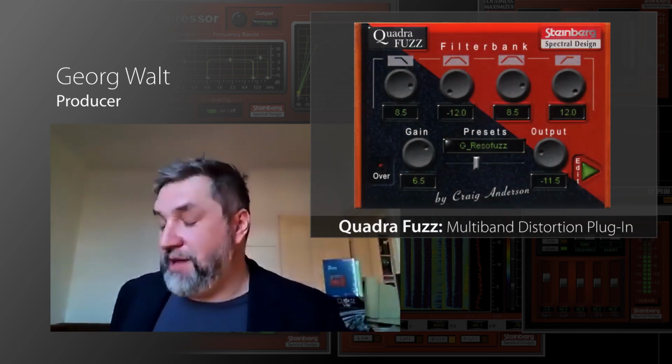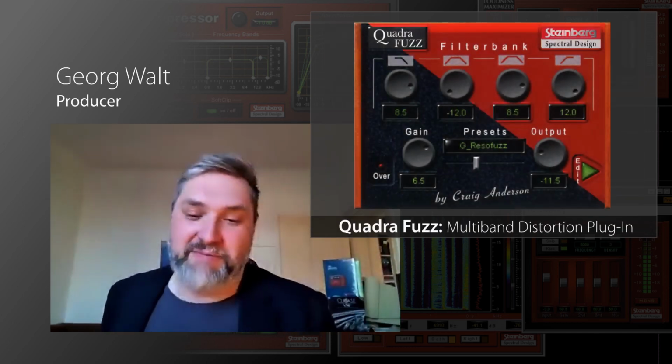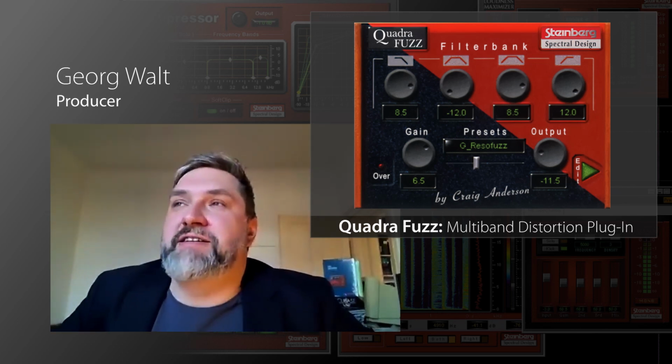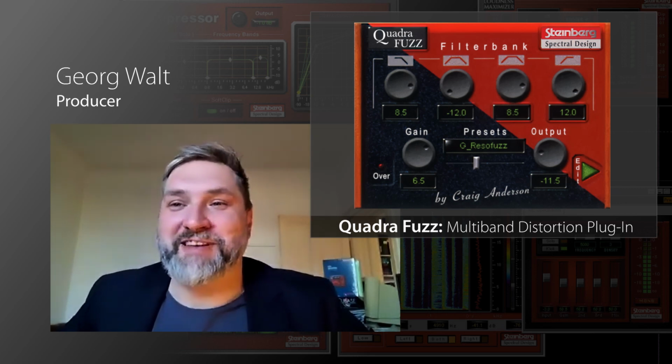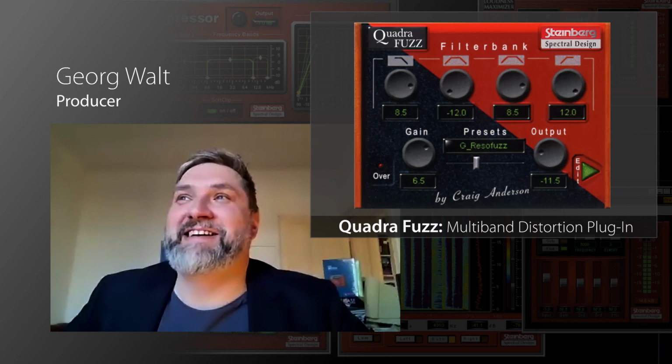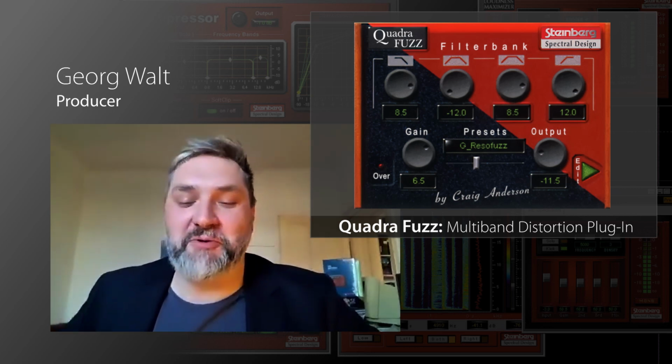Yeah, the TL Audio EQ, I didn't mention it. Another analog emulation is the Quadro Fuzz, which is a world standard in old distortion. Being so close to me, I didn't mention it before.